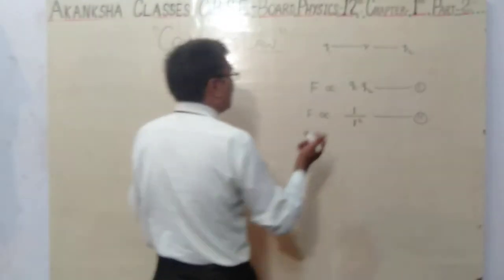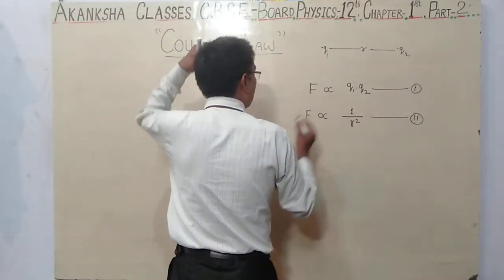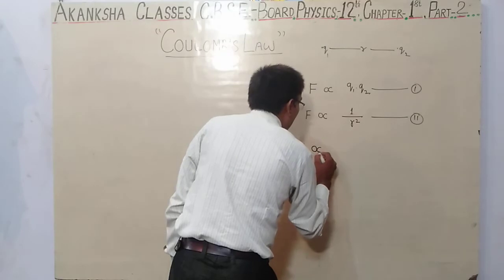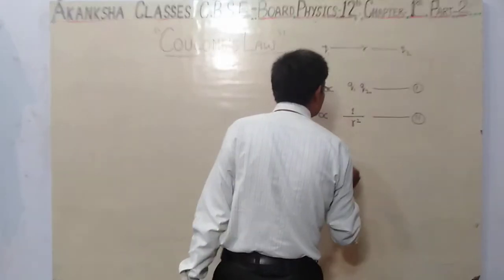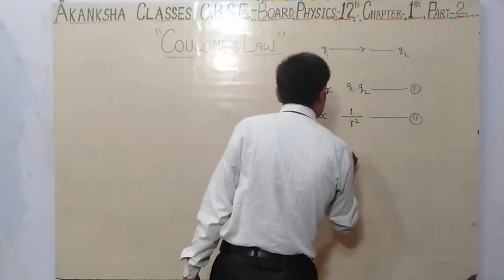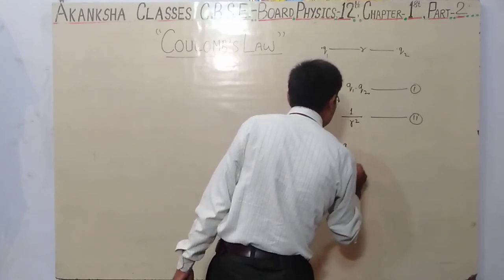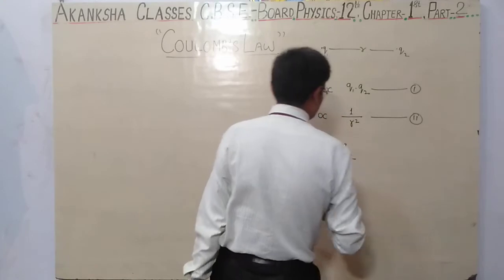Now by combining the two, we get F is directly proportional to q1 q2 by r square.